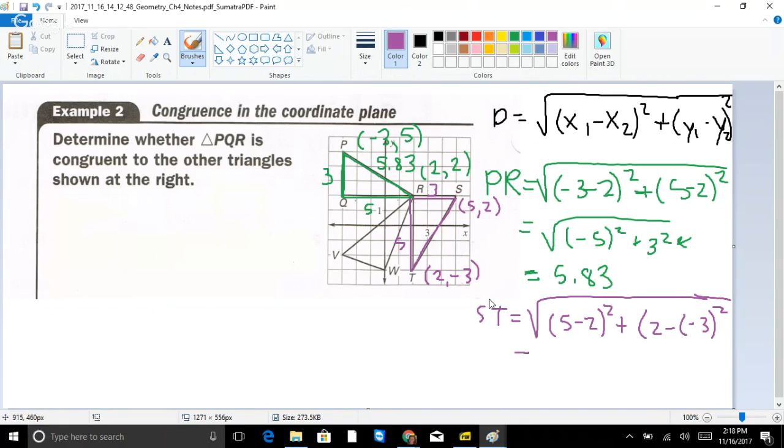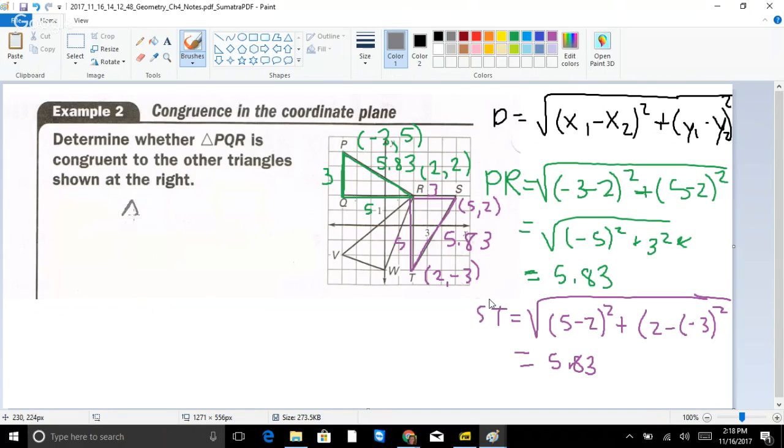And you'll notice if you do this, I'm going to do some math magic here and just skip to it. If you evaluate that, you get 5.83. Ta-da! So now I have 3 sides that are equal to the other 3 sides. So PQR appears to be congruent to SRT because the sides are congruent.